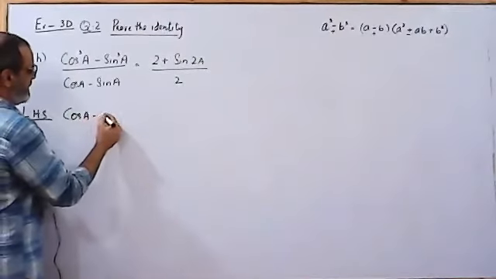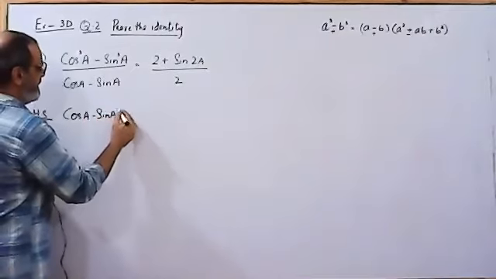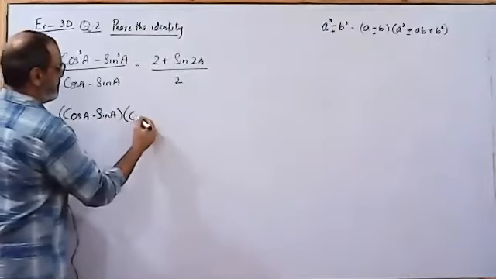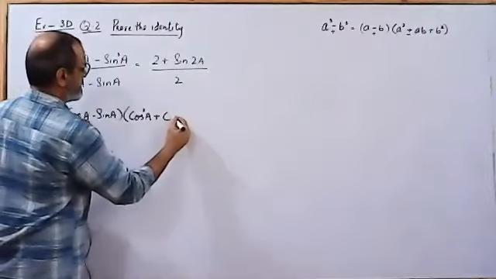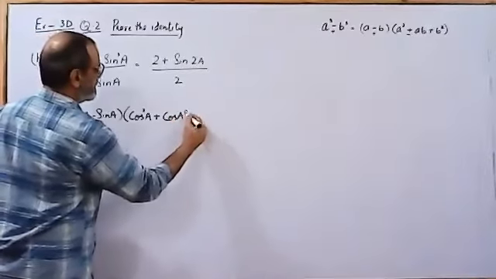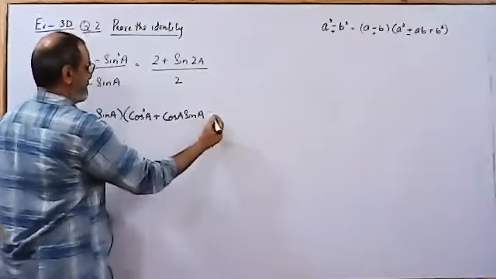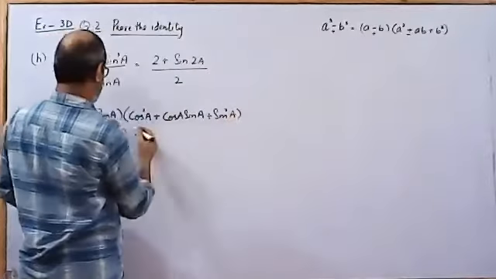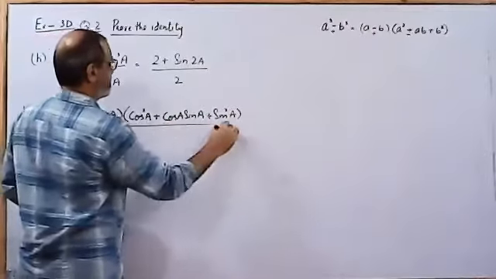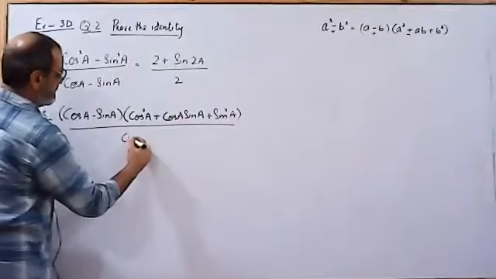cos A minus sine A into cos square A plus sine square A plus cos A sine A, over the denominator.